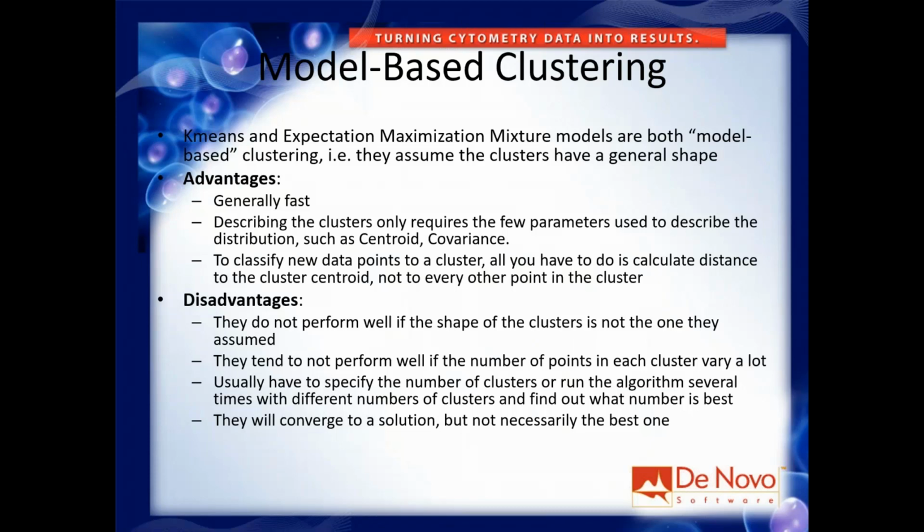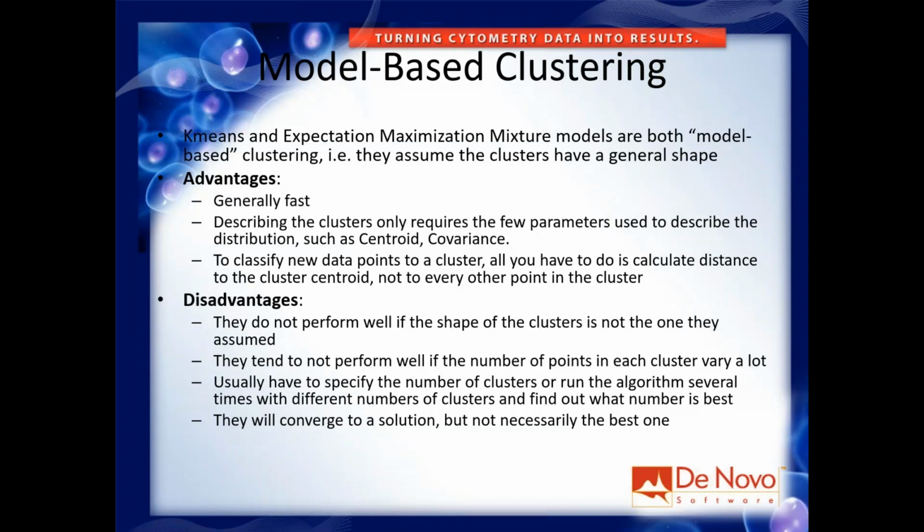So K-means and expectation maximization models are both model-based clustering, and they assume that the clusters have a general shape. The advantages of these are that they're very fast, and they usually only need a couple of parameters or metrics to define every cluster. The disadvantage is they do not perform well if the shape of the clusters is not what you expected it to be.